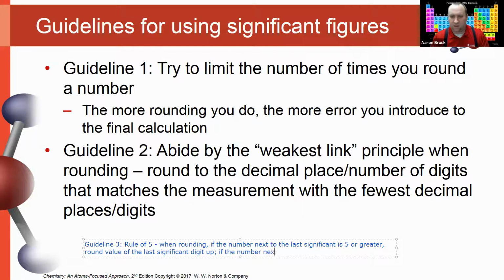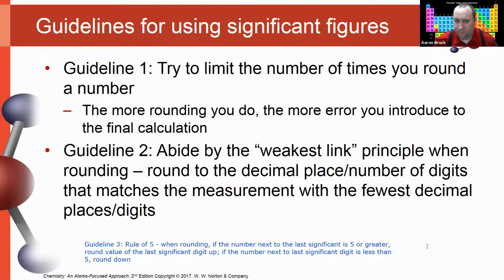If not, if that number is less than 5, then you round down. Really simple. This is the kind of rounding discussion that you've probably had since upper elementary school. 5s and up, round up. 4s and down, round down. So hopefully it shouldn't be that complicated for you as you're doing those calculations.